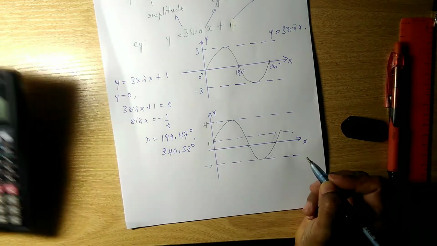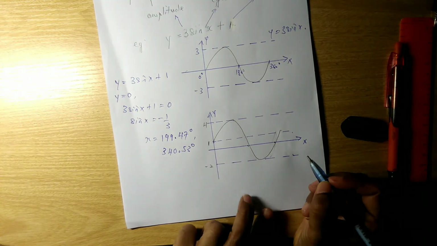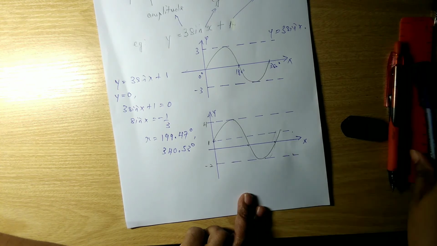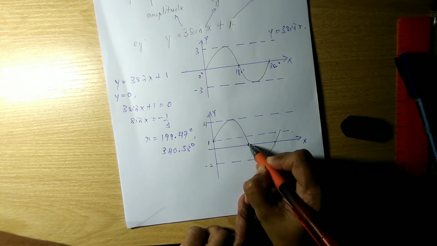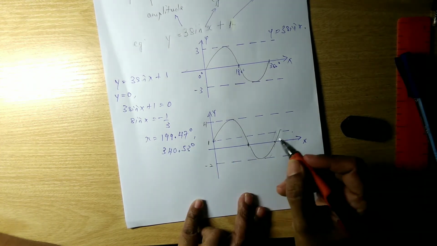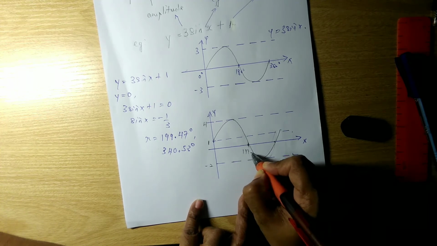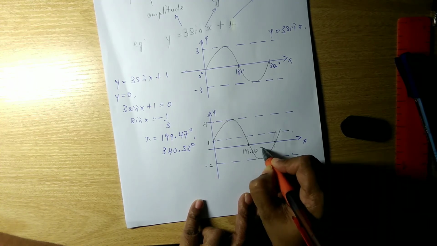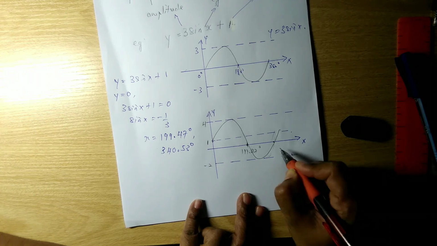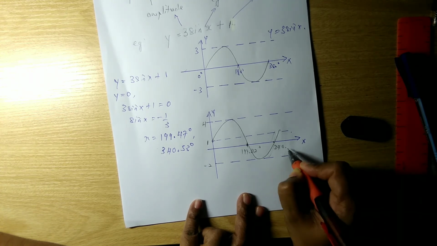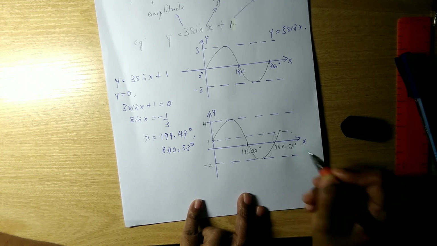So my two intersections here and here will be 199.47 degrees and 340.53 degrees.